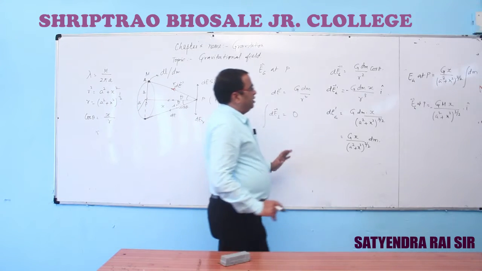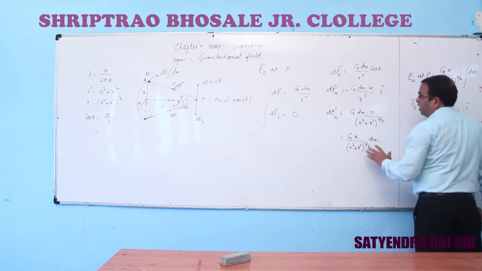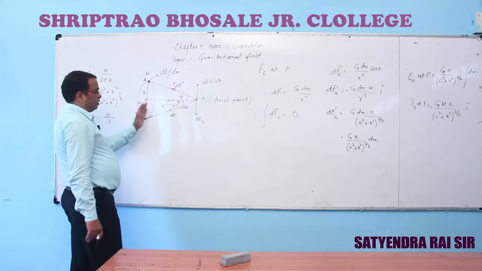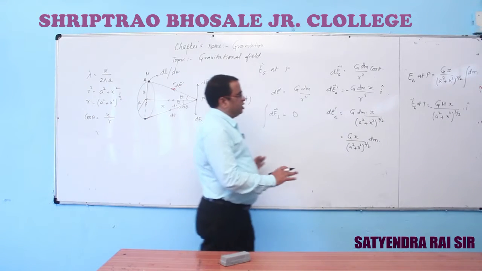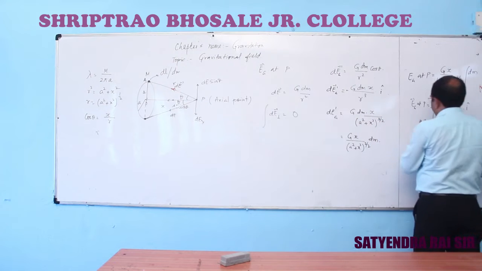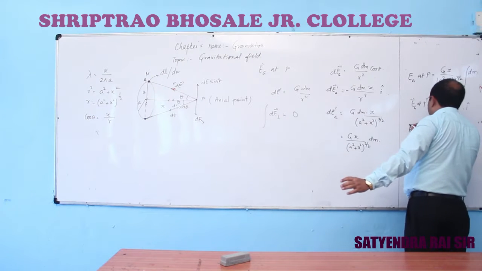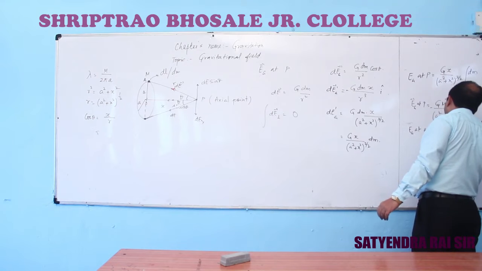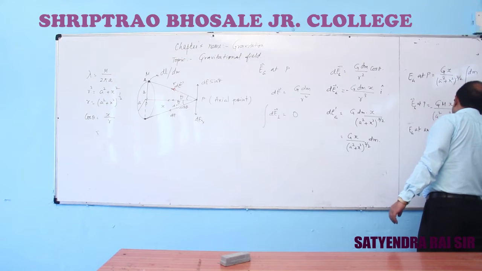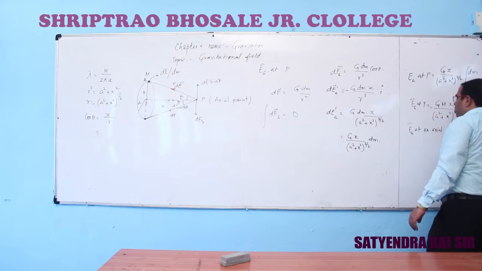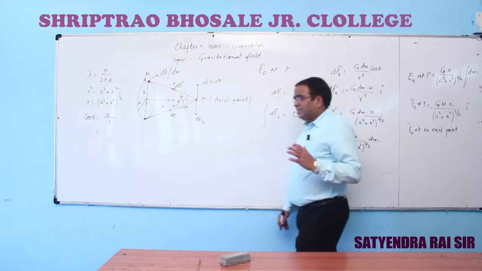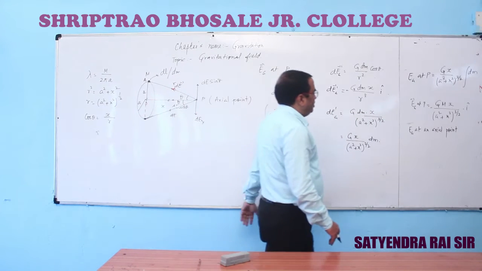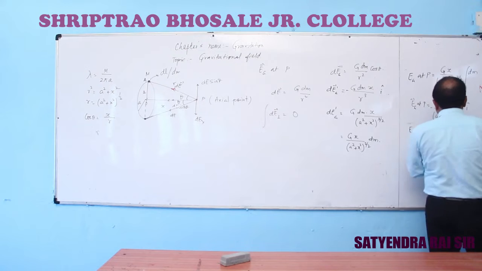So you can see the case. Here E at P is along the axis and radially inwards, toward the center. This is the expression for E_G at an axial point, the point which lies on the axis of the ring, whose mass is M, radius is a, and which lies at a distance x from the ring.